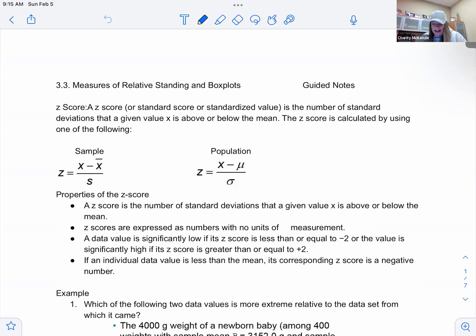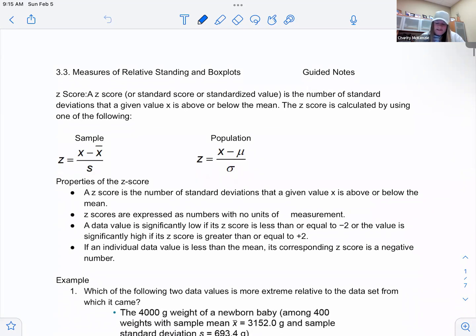The first idea here is a z-score, and a z-score is how many standard deviations your data value is from the mean. We do that with this formula here. They're the same thing: if I have the full population, we just use the mean of the full population and the standard deviation of the full population. They just have different symbols, because you have everything in that population.